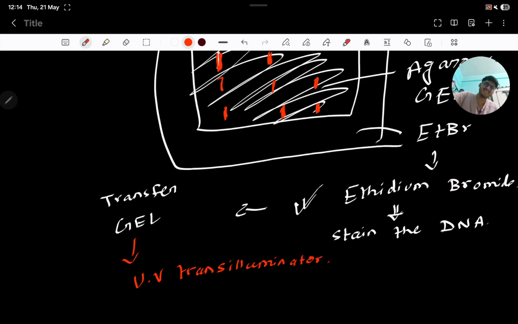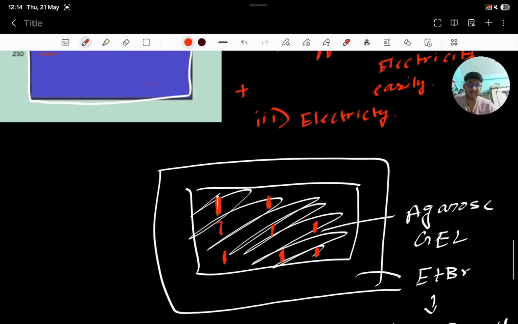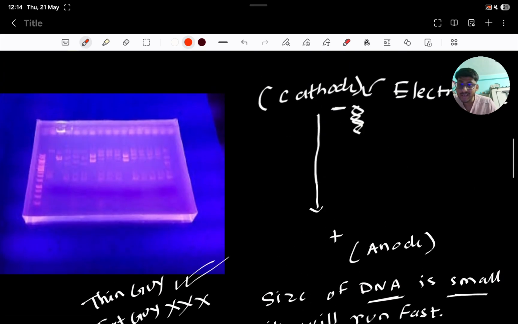We will just transfer it to the UV lights so that it fluoresces, and you will be able to see these bands.